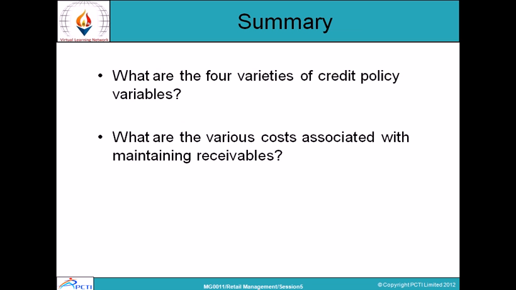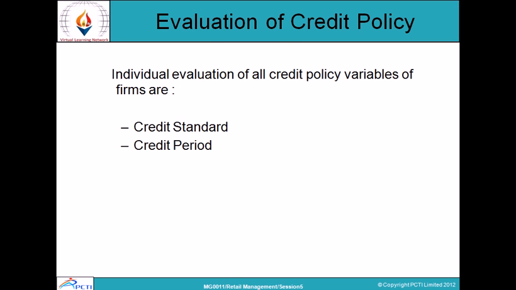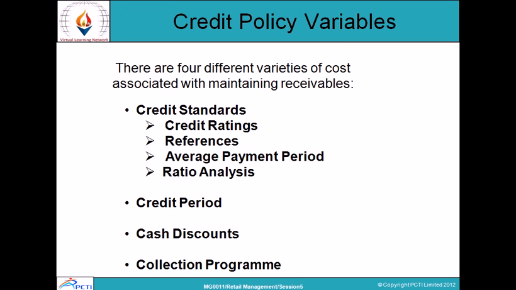Let's move to the summary part. At the end of this module, we will summarize the learning for today. Let me ask you, what are the four varieties of credit policy variables? Do you remember? Credit policy variables are: first is credit standard, second is credit period, third is cash discount, and fourth is collection program.